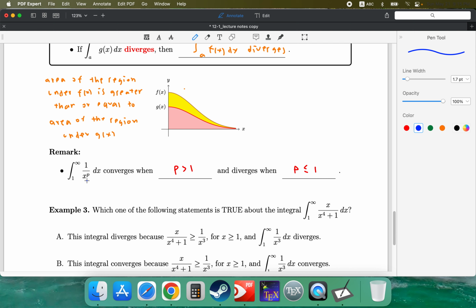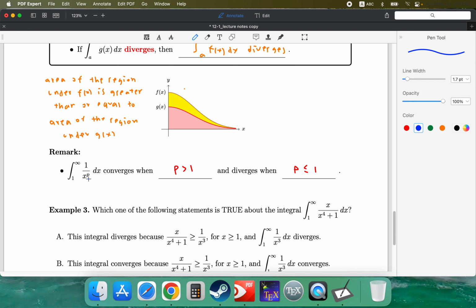Now the only thing that is a little bit different is when p equals 1, because this is 1 over x, and you cannot use the power rule. But don't worry, because we know the integral of 1 over x is natural log of absolute value of x. So you will still be able to integrate that, and eventually you will need to evaluate the limit.